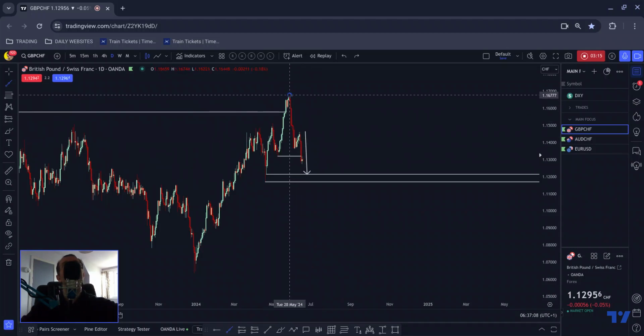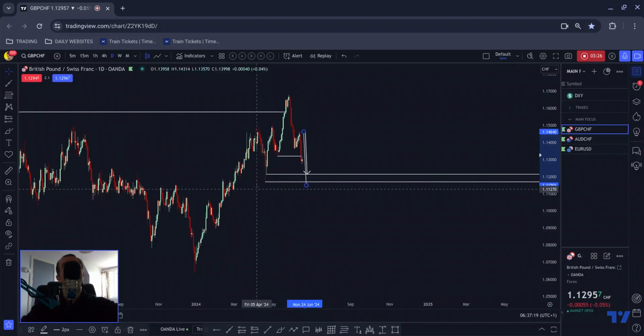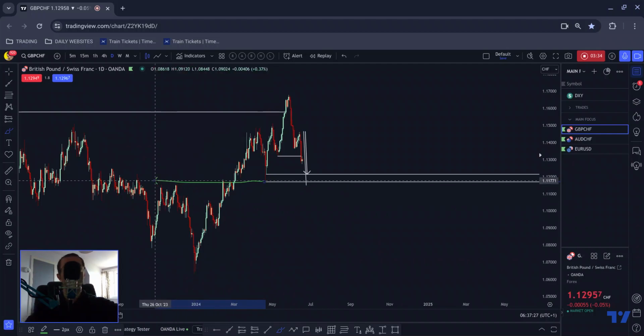And usually we can measure these, and usually the continuation leg out of an impulse correction continuation is of a similar length as the preceding impulse, which would take us down to here, which makes sense contextually, because this low is the retest of the back end of all of this.